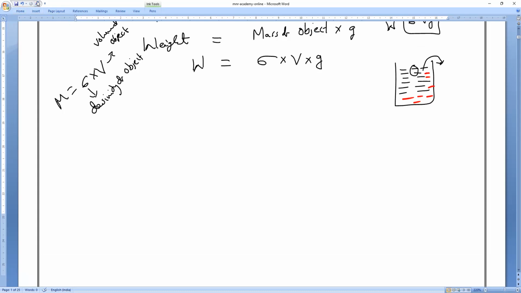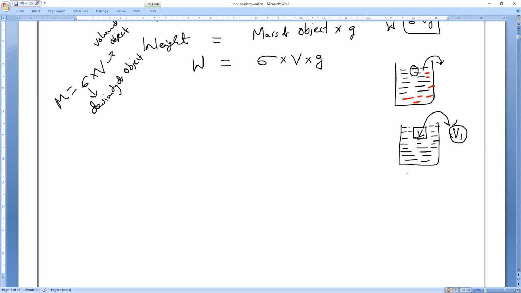Now, let the volume of the solid be V, and the volume of the displaced liquid be V1. I already taught you before, and again I am saying, the volume of the displaced liquid is equal to the volume of the solid.